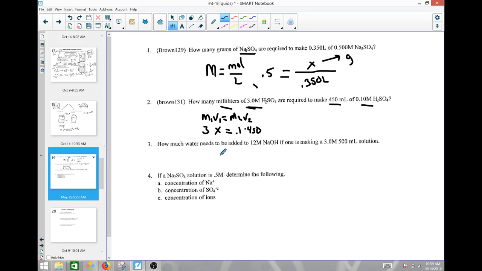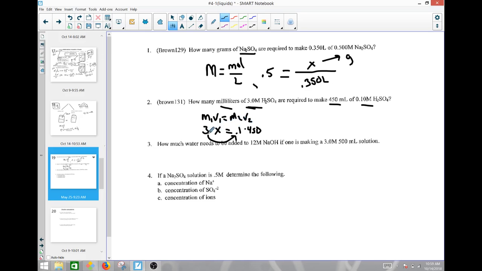You very often can see the relationship between the number of times the concentration is getting smaller and the number of times the volume is getting bigger, or vice versa. For example, right now, 3 divided by 0.1, my concentration is getting 30 times smaller, so my volume should be getting 30 times bigger.